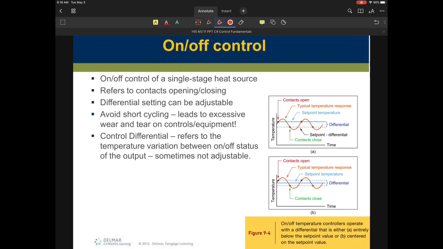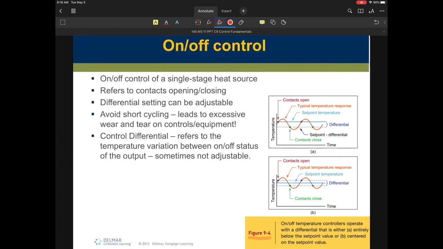So certainly on-off control, most technicians have heard of this before. It's essentially you have an output that is either going to be open or it's going to be closed. Whether it's a set of contacts or a triac, any type of an output that is going to do this.